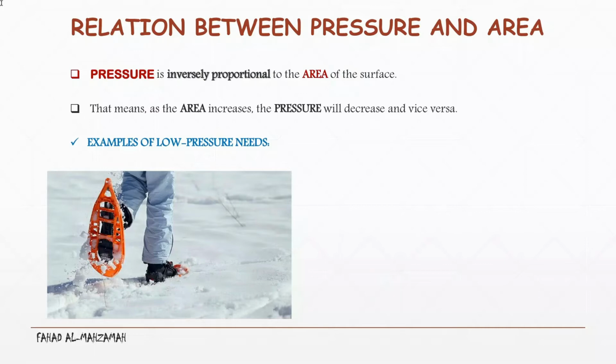Why do they call them snow shoes? Because they designed them to have a very large area compared to your shoes. This is the simple shoes, and that is the snow shoes. Compare the area. It's maybe double or triple the area of the simple shoes.